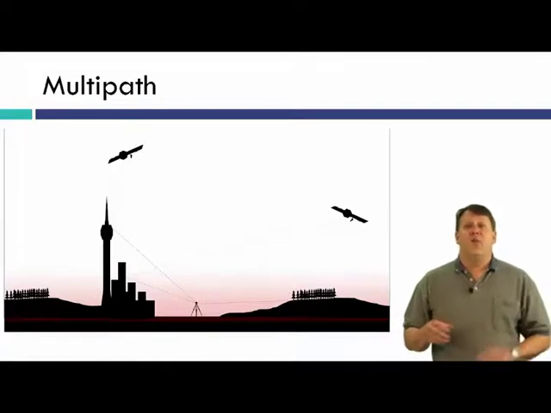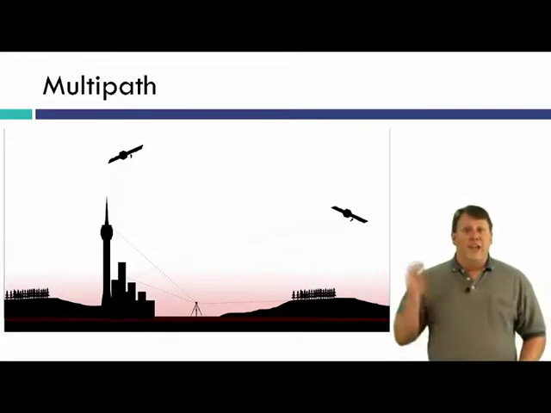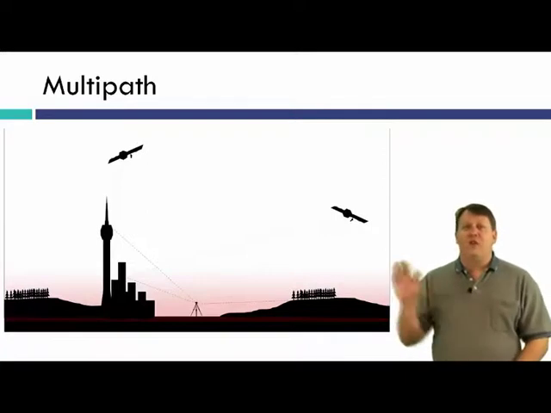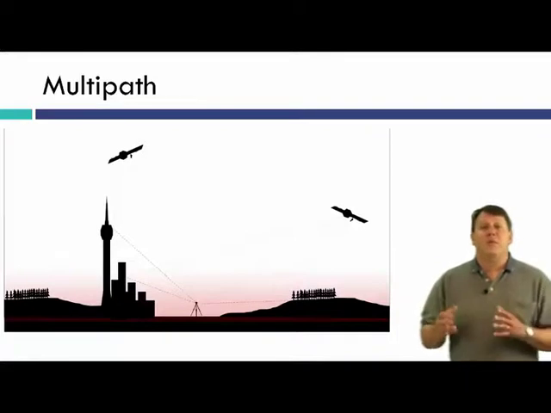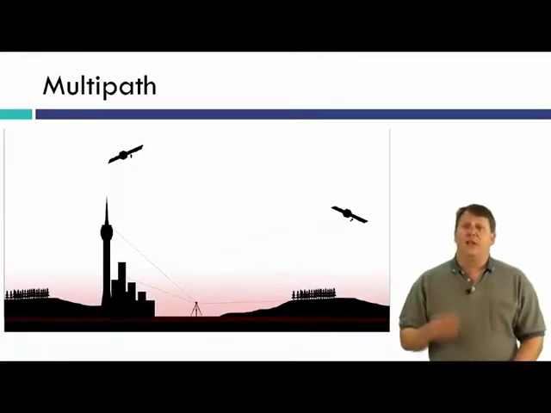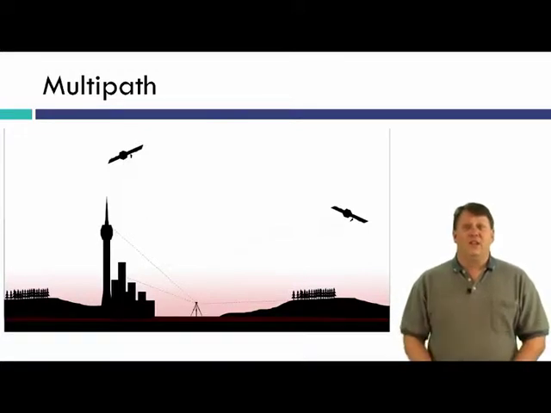A good example would be ghosting on our TV. When you see that clear image, that's your TV signal coming straight into your antenna. When you see that ghosted image, that's that signal being bounced off of something and coming in a split second later. Examples of multipath environments include glassy buildings in an urban environment, leafy trees, and even chain link fences.